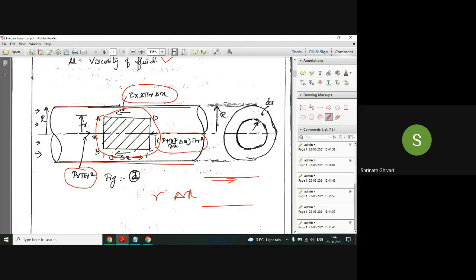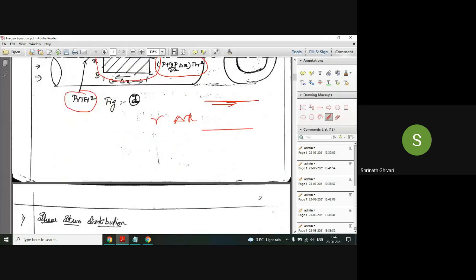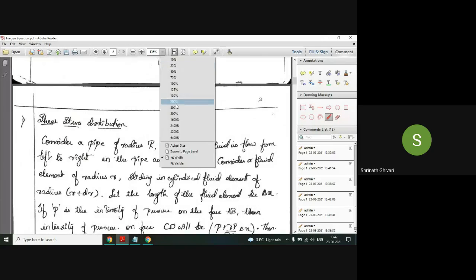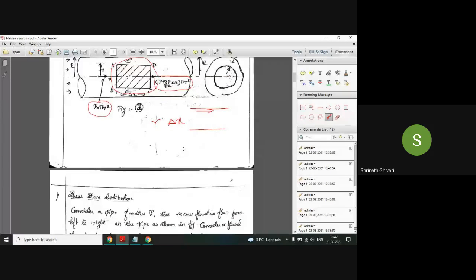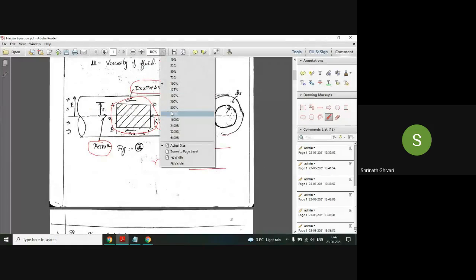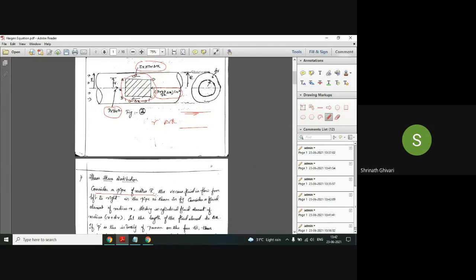By seeing the diagram, consider a pipe of radius r.